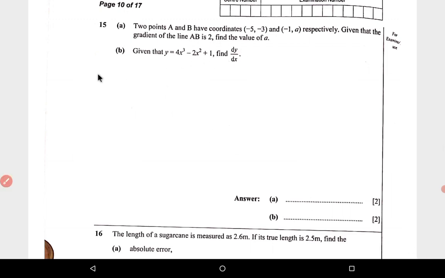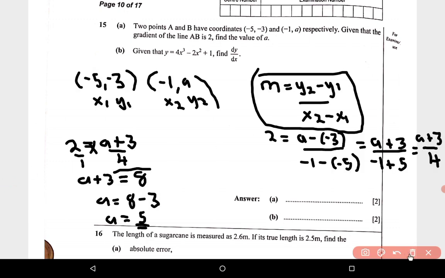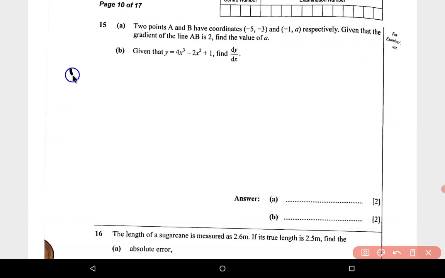We have this question B. The question says y is equal to 4x cubed minus 2x squared plus 1, and then we just need to find dy/dx.